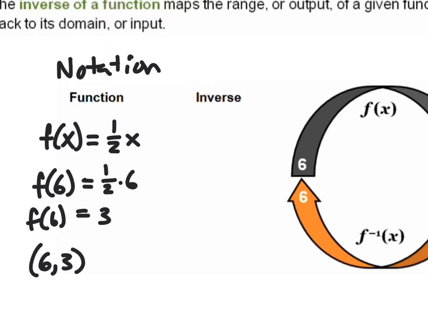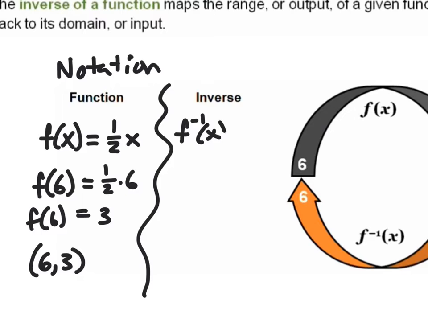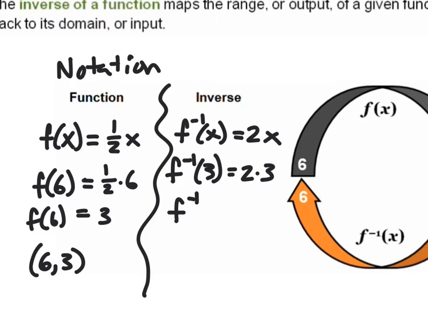Now the inverse, and I'm just going to give you guys the inverse. The inverse of this function, and I'm going to denote that as f to the -1 of x, is equal to 2x. Remember for the inverse, we switch the x and the y values. So if I'm going to find the other point, I'm going to do f inverse of 3, plug that in, and I get 2 times 3, so f inverse of 3 is going to give me positive 6.